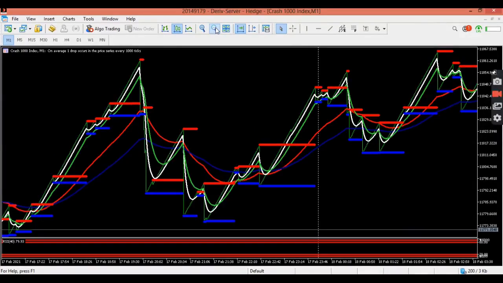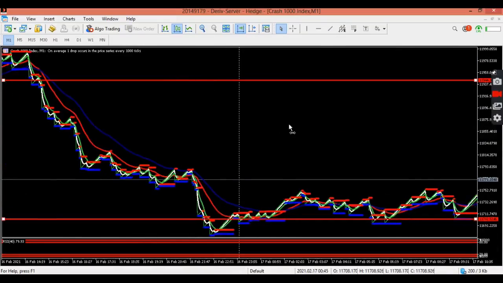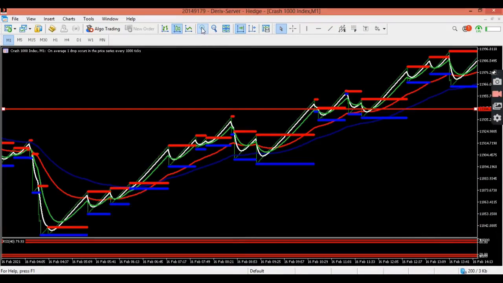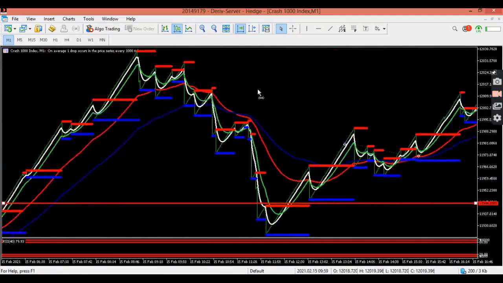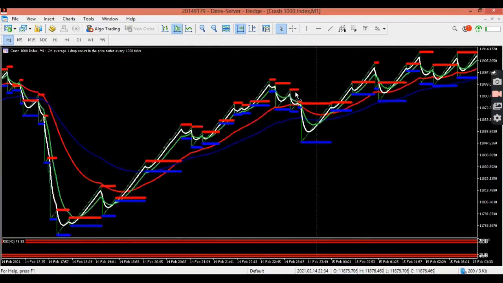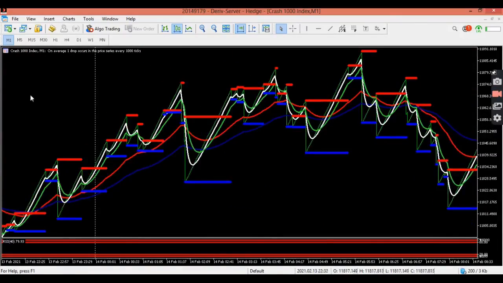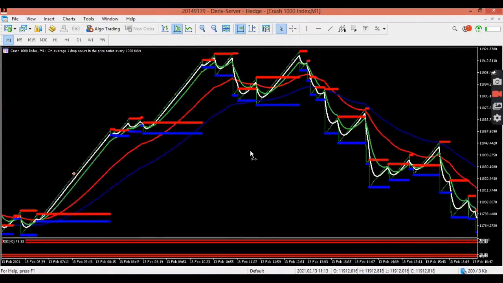Let me zoom out now so that I can go and get my trend line that I put, because it will help me to explain this better.